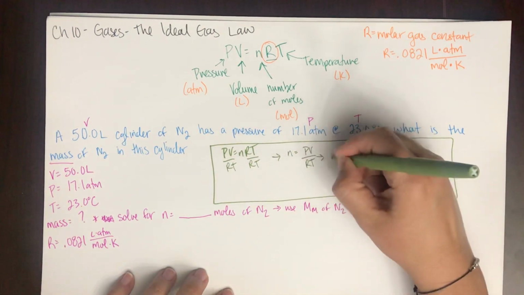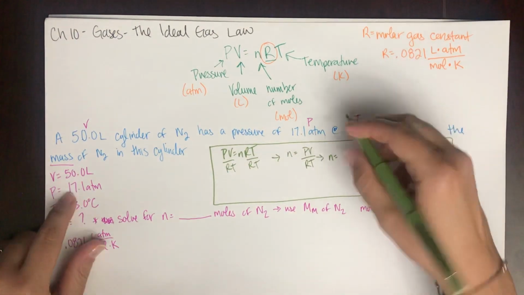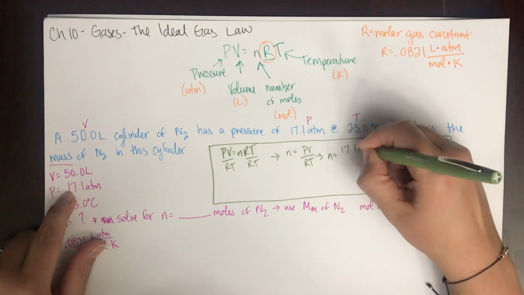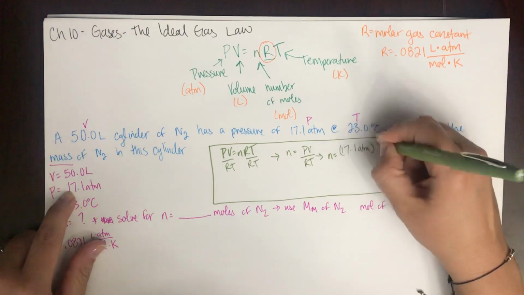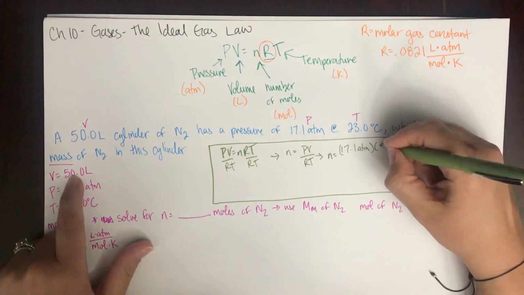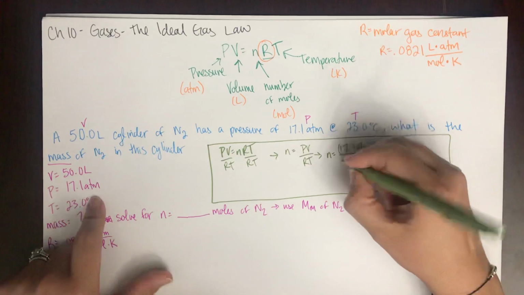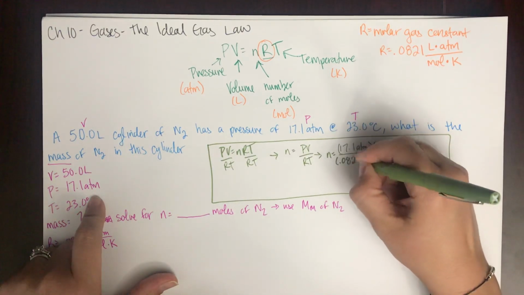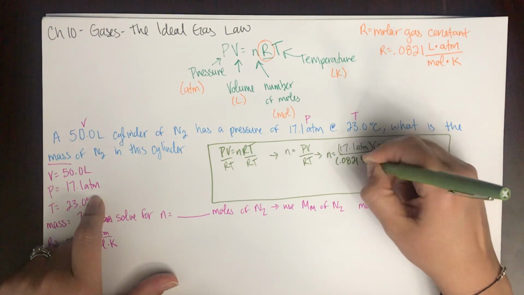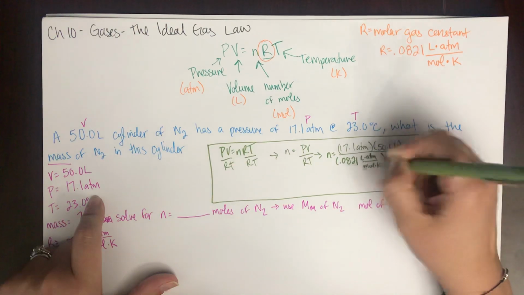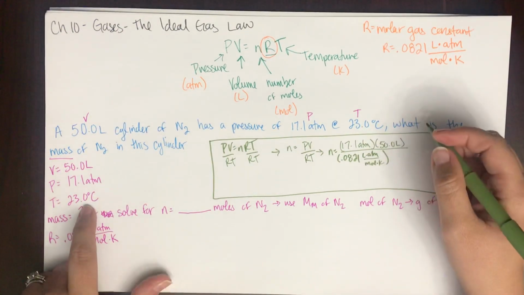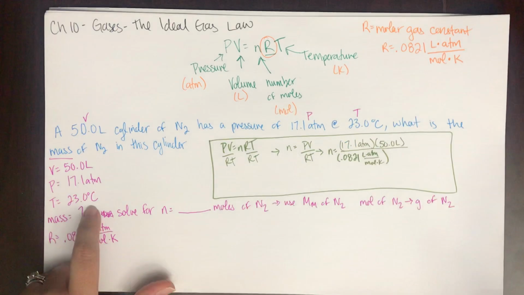So I'm just going to plug my numbers in. n equals P, 17.1 atmospheres, times V, 50.0 liters, over R, 0.0821 liter atmospheres per mole Kelvin, times T, 23 degrees Celsius. We can't put this in the equation.